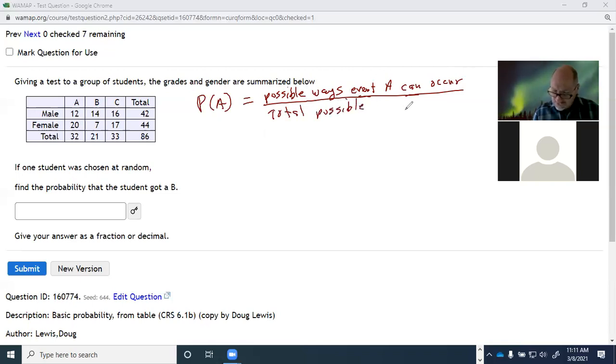And we always assume these are all equally likely possible outcomes. Assuming they're all equally likely to occur, how many different ways event A can occur out of the total possible outcomes in all?